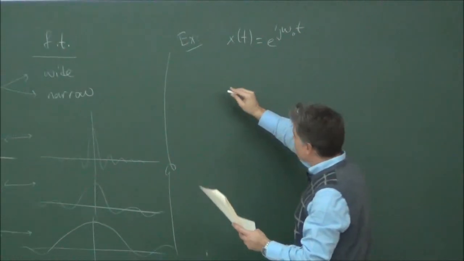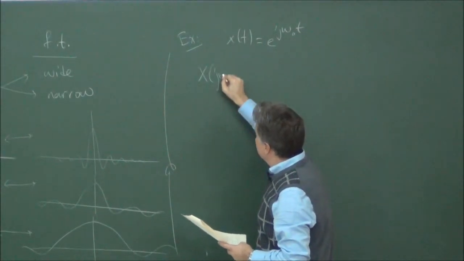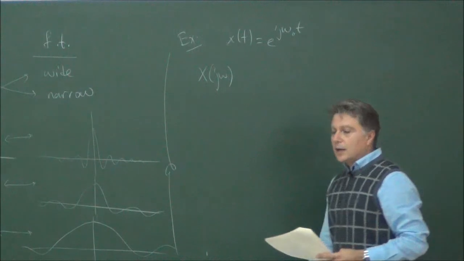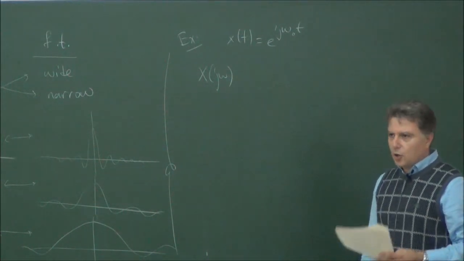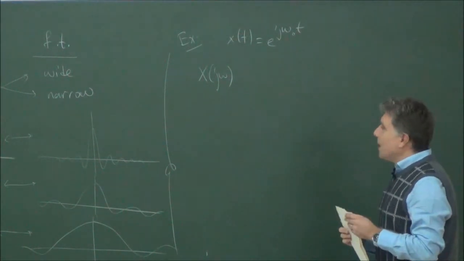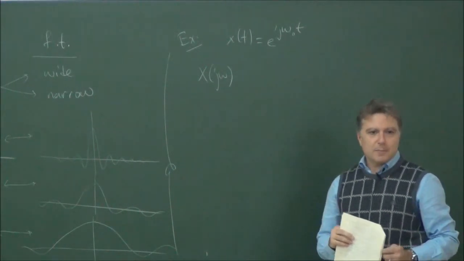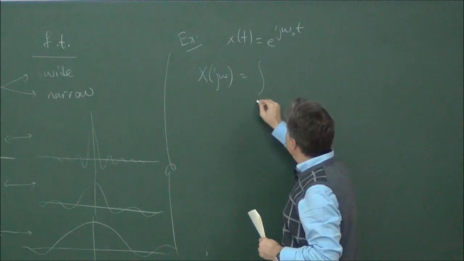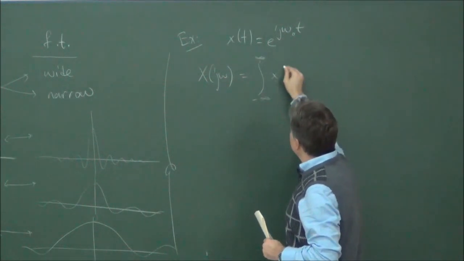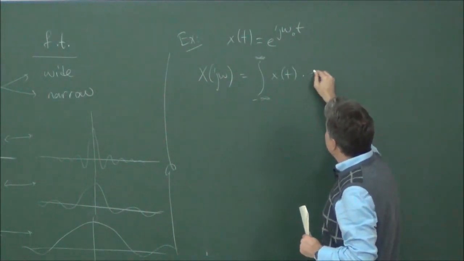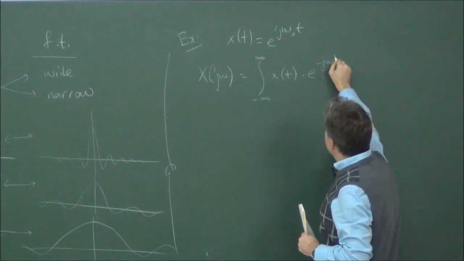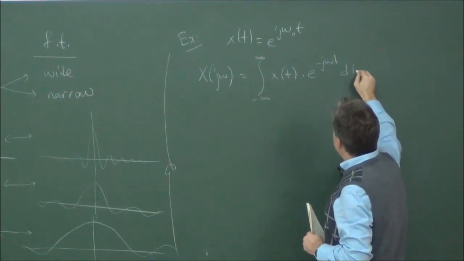What is the Fourier transform of it? In order to solve this, I strongly unrecommend that you apply the formula. What was the formula? It was from minus infinity to infinity, x of t times e to the minus j omega t dt.